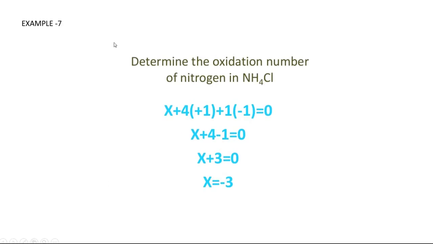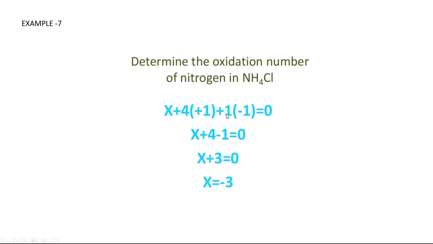Example number 7. Determine the oxidation number of nitrogen in ammonium chloride. Here we are finding oxidation state of nitrogen. We will consider it as X plus 4. How many hydrogen atoms are there? 4. So 4 into oxidation number of hydrogen is 1 plus how many chlorine atoms?